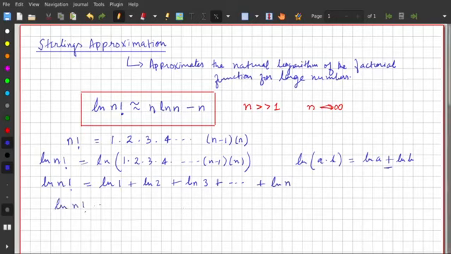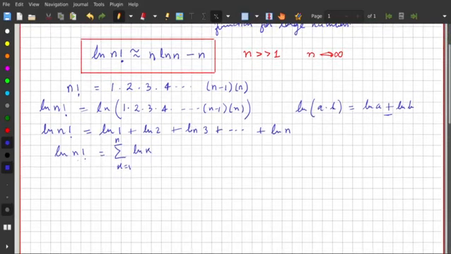Log of n factorial is equal to the sum over log of a running index, let's call that k, and that k runs from 1 to n. Okay, so till here there is no approximation, because we just used the definition of the factorial function, took the log of both sides and wrote it in a summation notation.